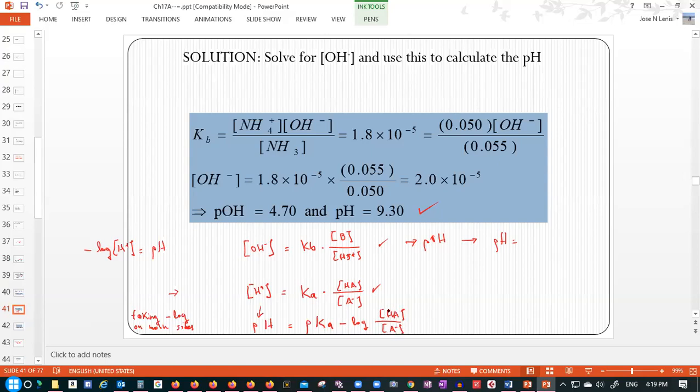But remember, we can change this sign to plus. If we change this sign to plus there, then those two will swap, leaving pH equals pKa plus log of the concentration of the salt over the acid. Those are properties of logs.